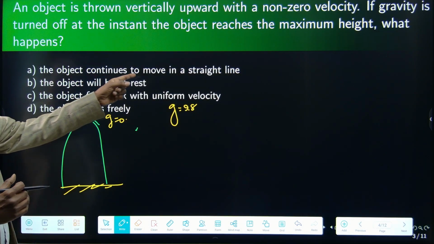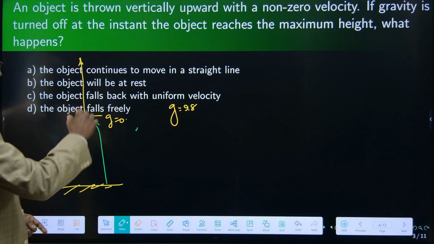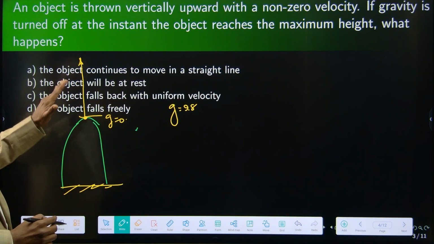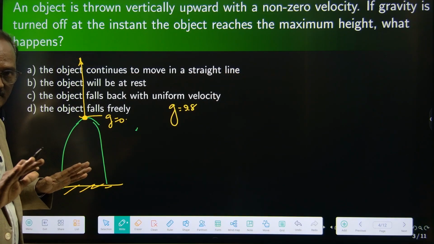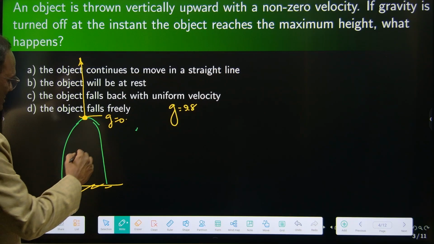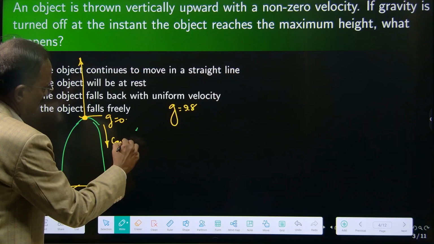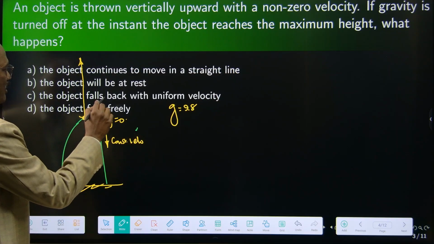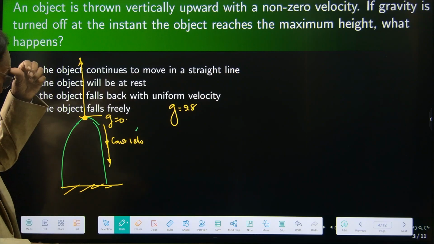First one: the object will be at rest. It will be here only. The second option: the object falls back with uniform velocity, coming down with constant velocity. Another option: the object falls freely, free fall, right?